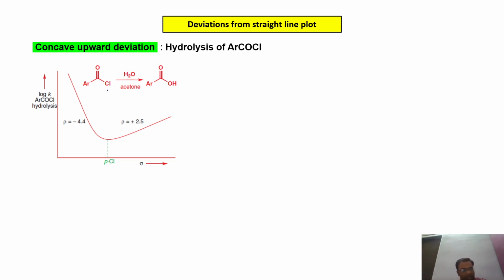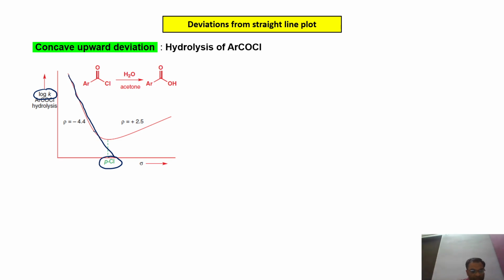If we plot a graph of the rate constant of this reaction versus the substituent constant, then this type of straight line is expected.